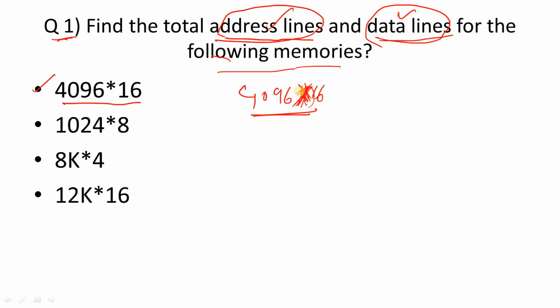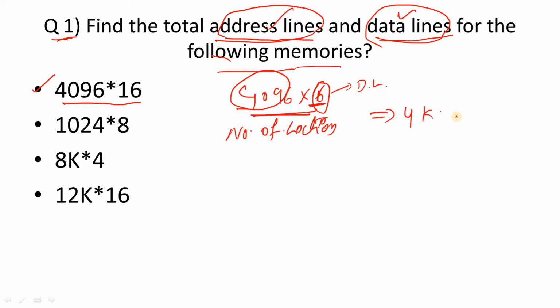After the 'by', 16 is the data lines, and 4096 is the number of locations. That is equivalent to 4k into 16.